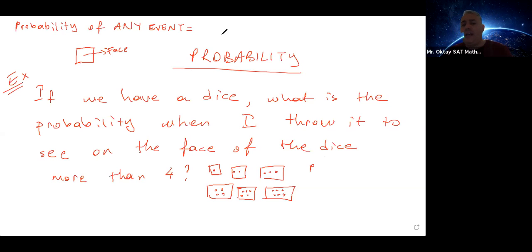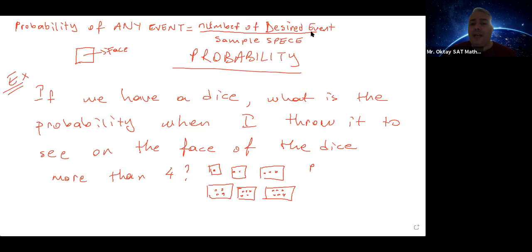Anything occurs, anything happens, okay? It is equal to the number of desired events divided by the sample space.